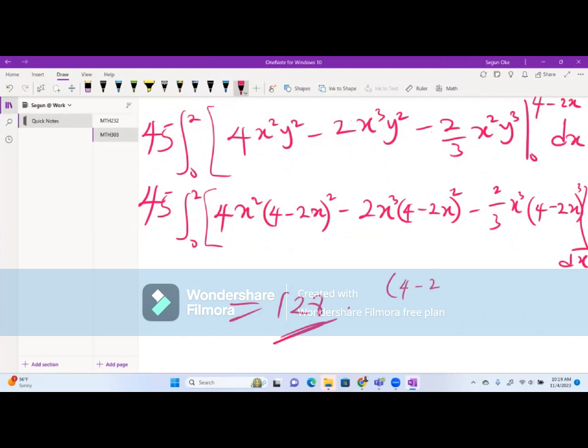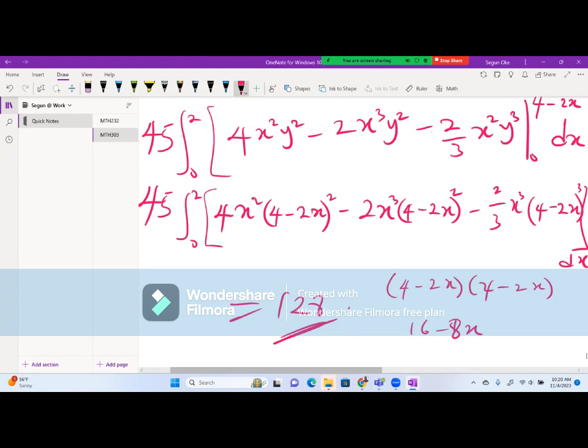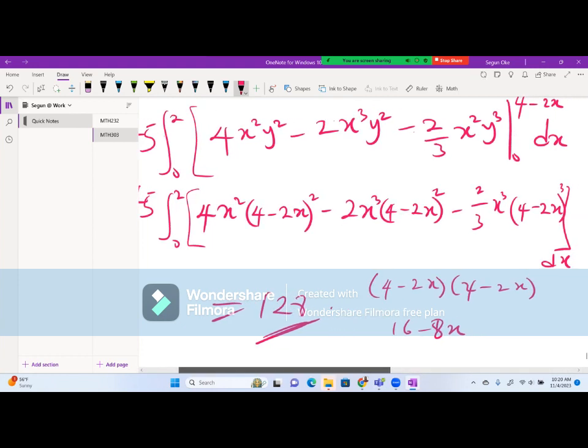4 minus 2x times 4 minus 2x, right? This is 16 minus 8x. Hello, sir. Yes. Please, can you move the edges? I'm not seeing the last part. Is it okay? Yes. Okay, I can see it now.